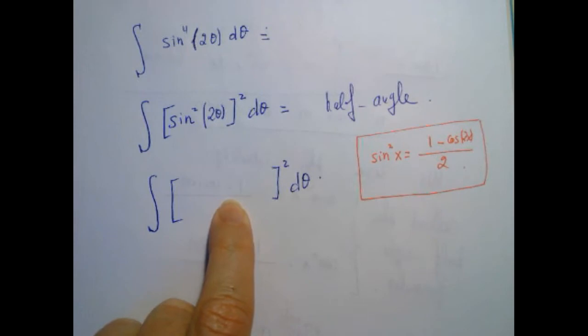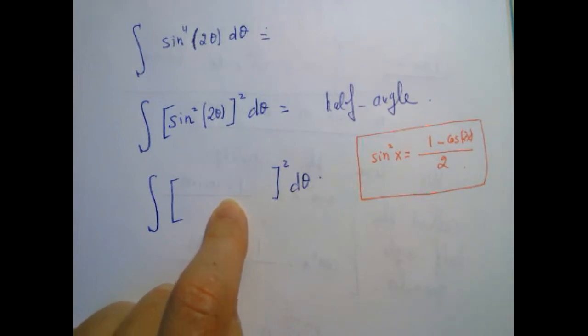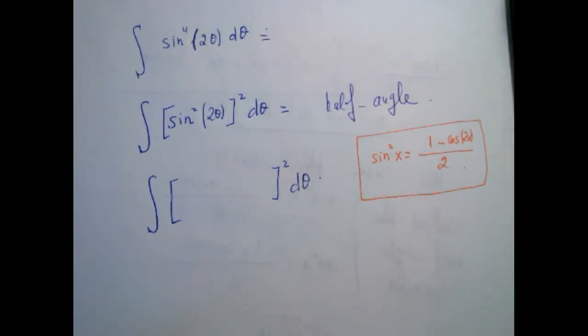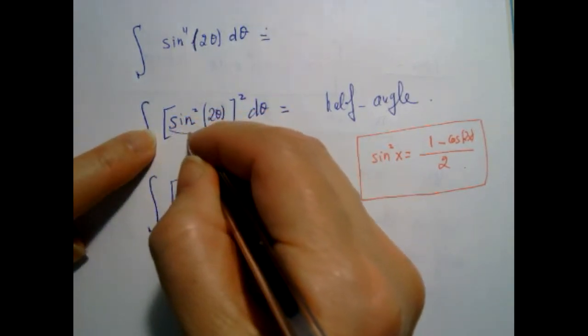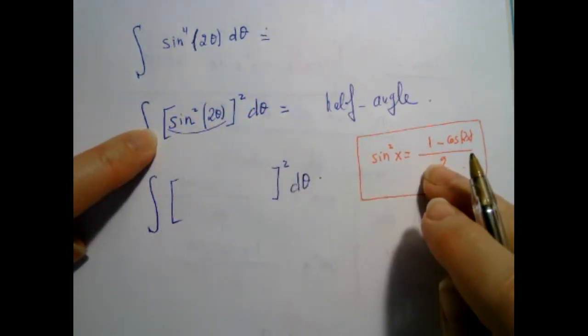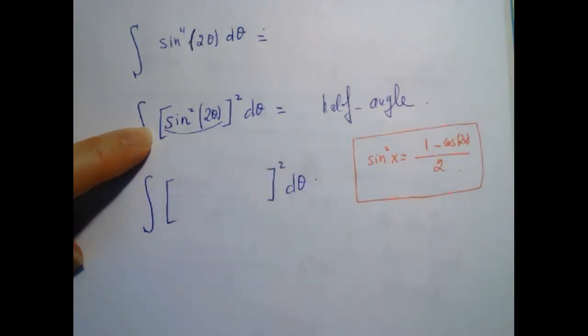If I apply it here, what would this give me? How should I apply it? What should I write here? So instead of sine square, I'm going to substitute, use the half angle. How would this become?